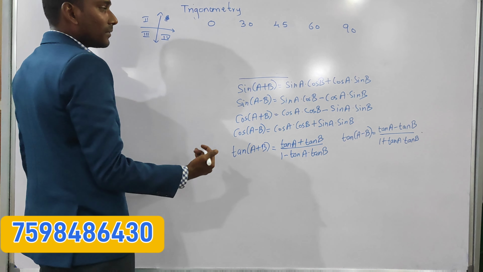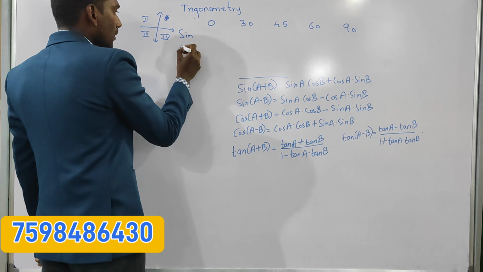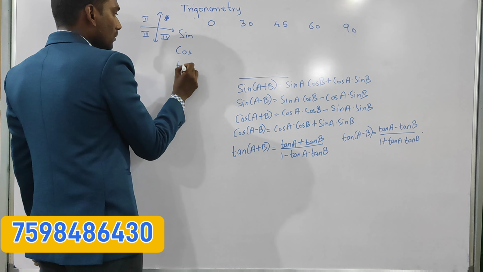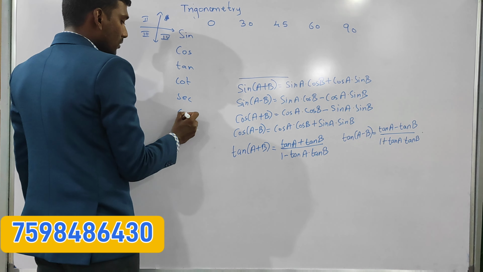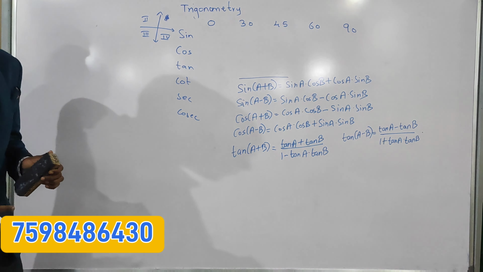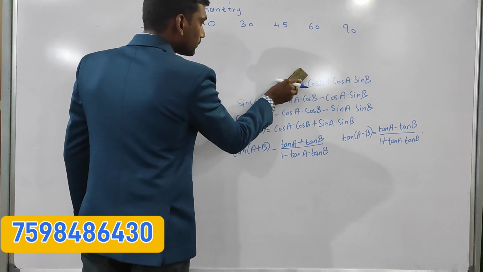Now suppose if I write the values of sine, cos, tan, everything, you have to find the value of sine 0, you have to find the value of cos 0, you have to find the value of tan, cot, secant and cosecant, 6 trigonometrical ratios. Now how to remember this in a short, okay?